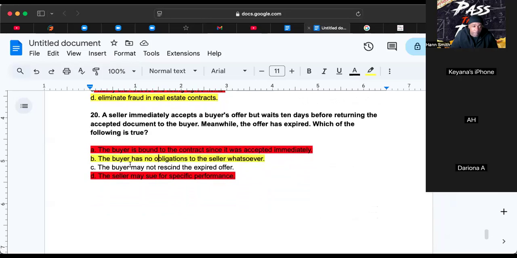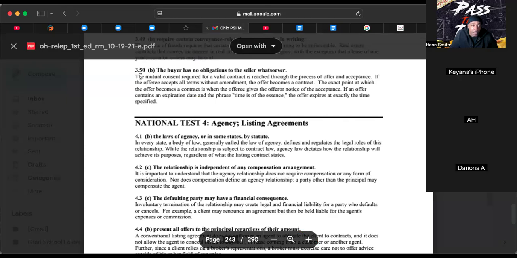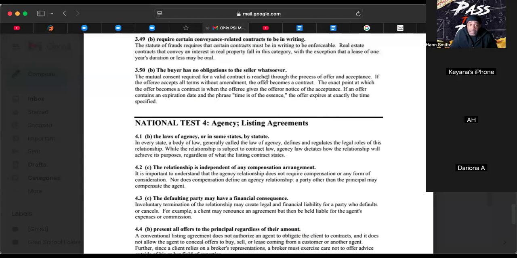I wouldn't really be worried about it, but a seller immediately accepts a buyer's offer, but waits 10 days before returning the accepted document to the buyer. Meanwhile, the offer expired. Which of the following is true? The buyer has no obligations to the seller whatsoever. But why? It says the mutual consent required for a valid contract is reached through the process of offer and acceptance.